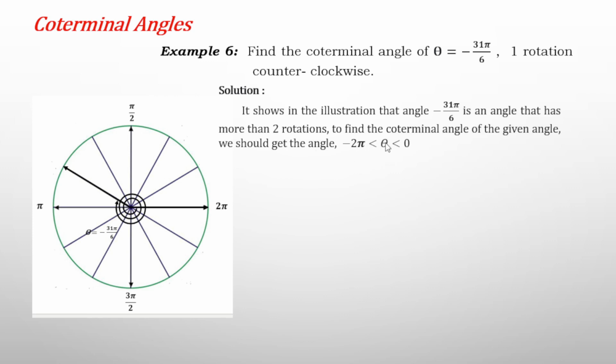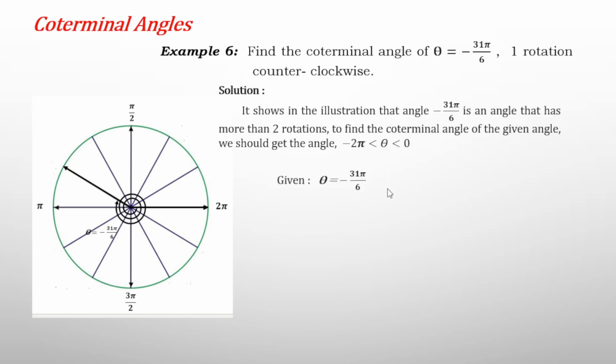To find the coterminal angle of the given angle, we should get the angle greater than negative 2 pi but less than 0. How?